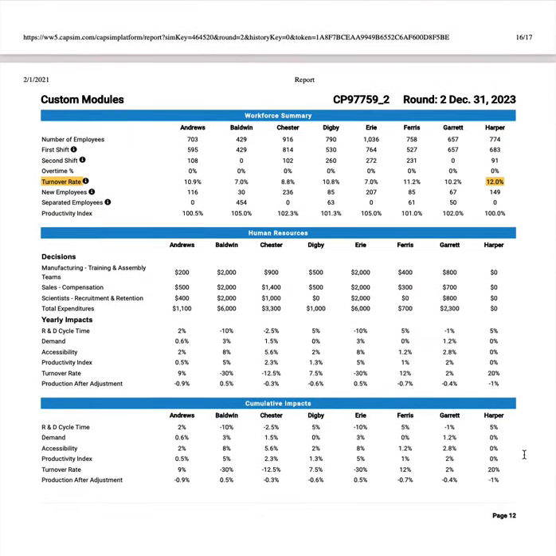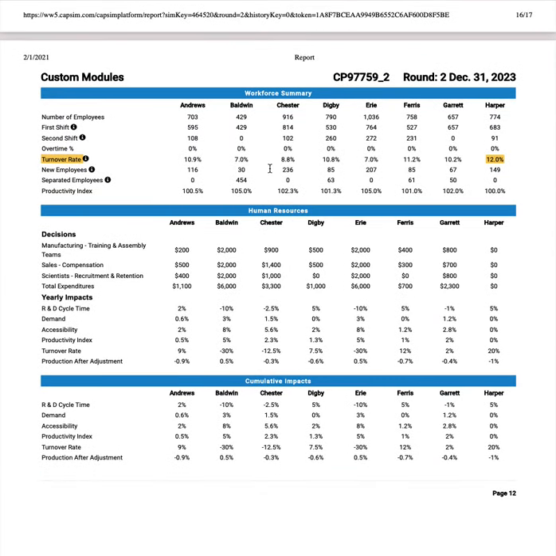Okay, so lastly, what I'm going to point out is that the human resource module started from round 2, and the TQM starts from round 4. So pay attention to those little details, and turnover rate, and make sure you have a pretty low turnover rate. Seems like Team Hopper's turnover rate is the highest.